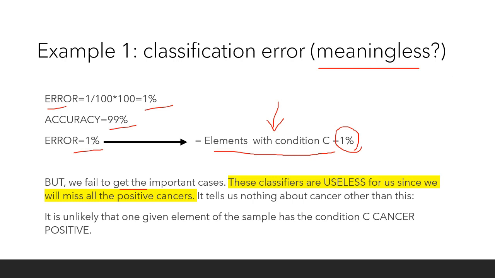But we fail to get the important cases. The important cases are who has cancer. So we need to get some true positives, otherwise we're missing them all. These classifiers are useless then. They're useless for us since we will miss all the positive cancers. They tell us nothing about cancer other than this: it is unlikely that one given element of the sample has the condition C, or is positive.